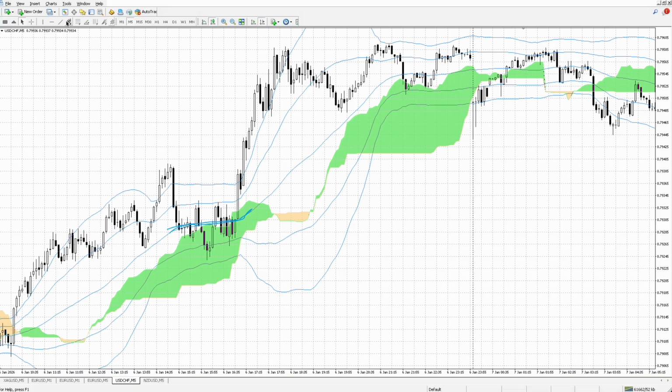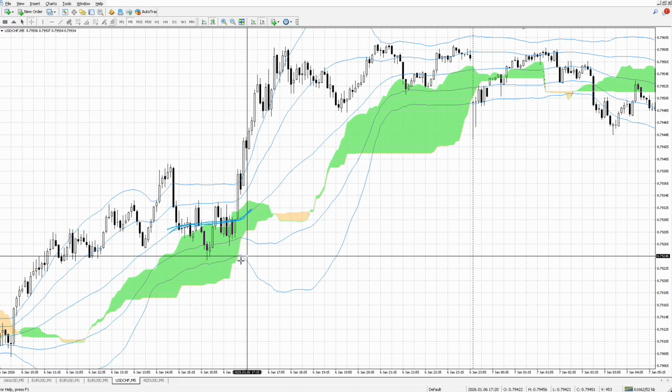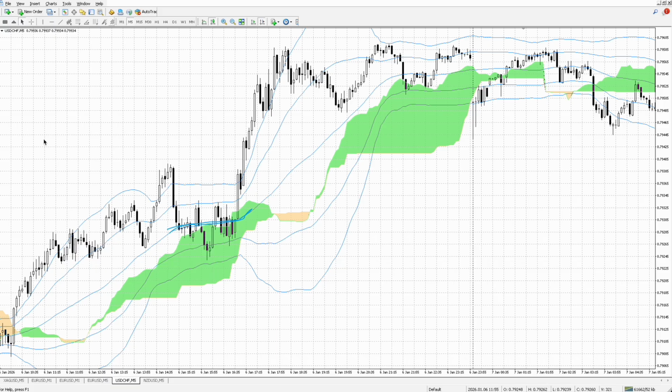You can see that, let's say that this was our entry, and we are only a few pips away from the first band, but when we consider the second band, it gives us a little more room, and that's what we want, that's what we need. And okay, maybe that long entry was too early, there was some movement down, but eventually price went up and we would not be stopped out because our stop loss or hedge was around here.